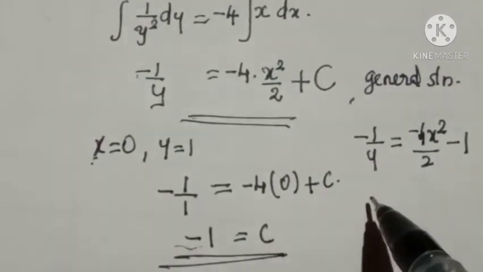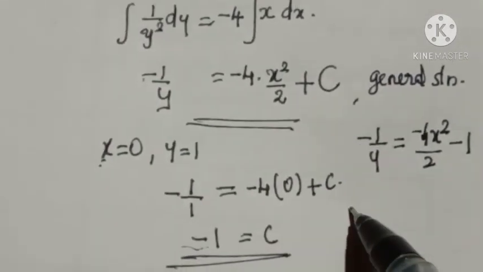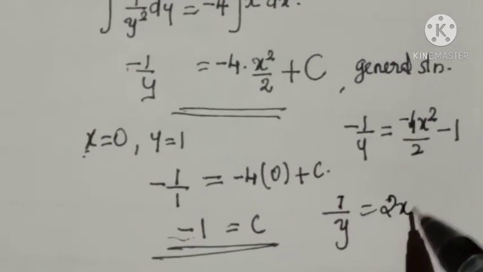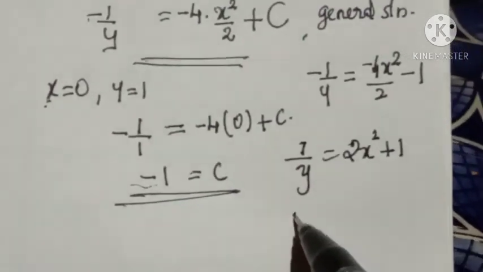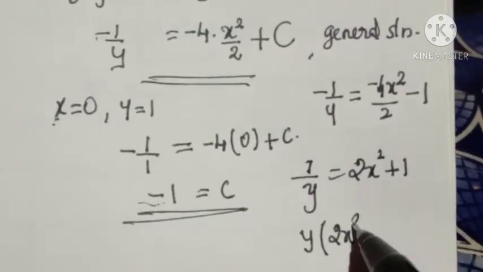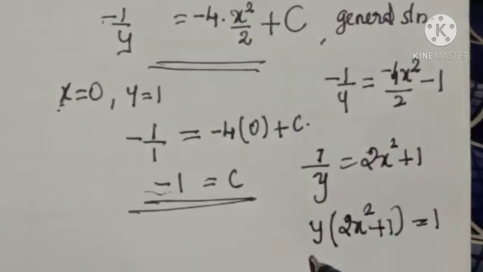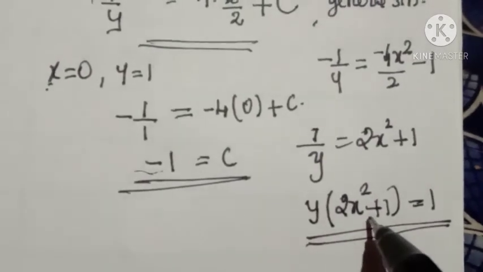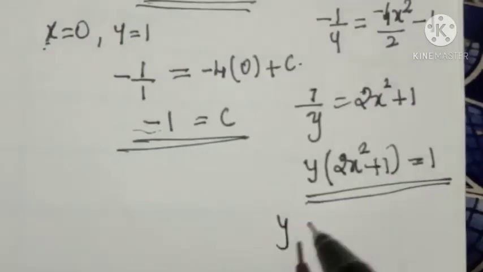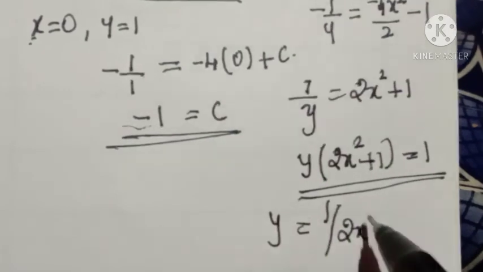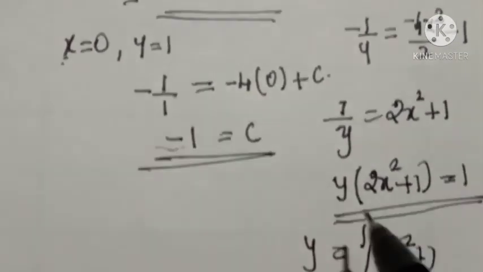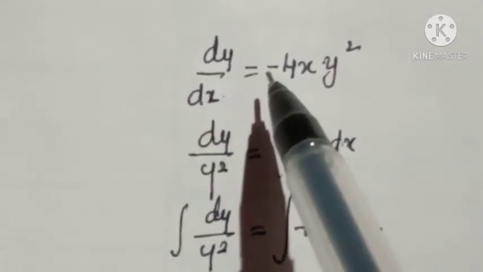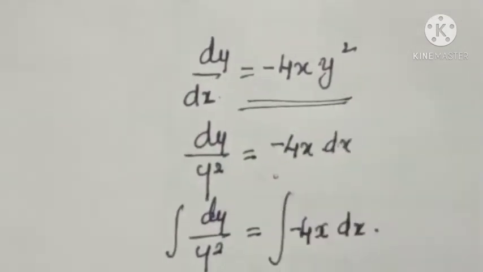Multiplying throughout by the negative sign, this becomes 1 by y is equal to 2x square plus 1, or y into (2x square plus 1) is equal to 1, or y equal to 1 by (2x square plus 1) is the particular solution of the differential equation dy by dx equal to minus 4xy square.